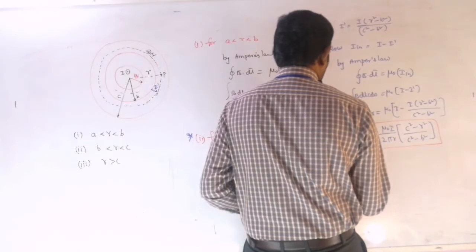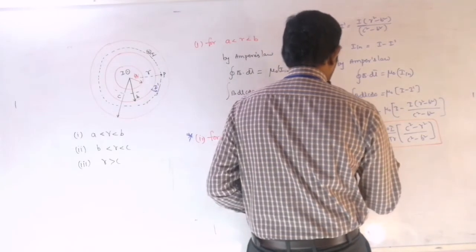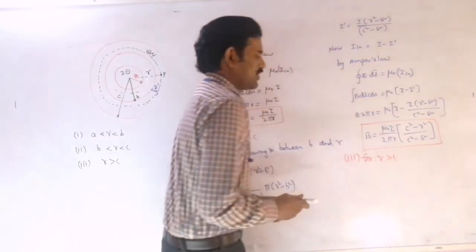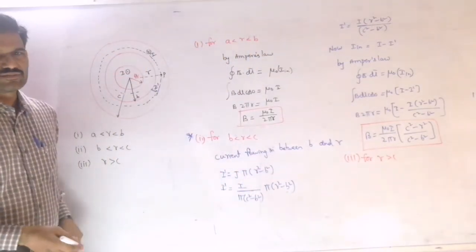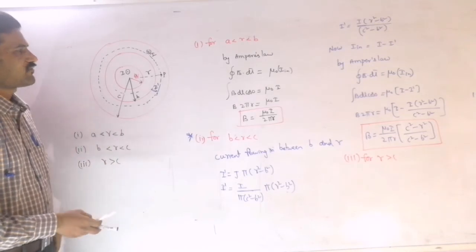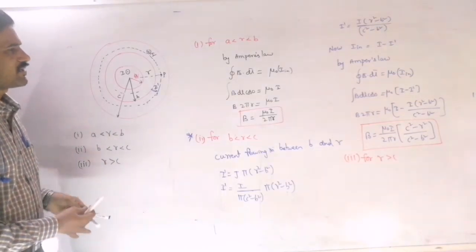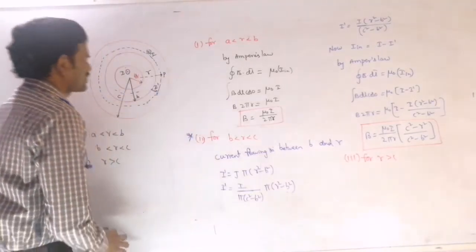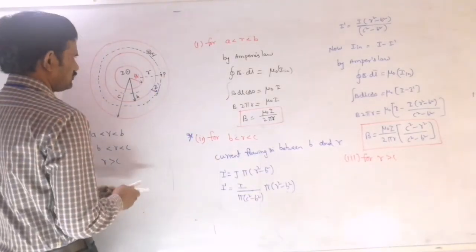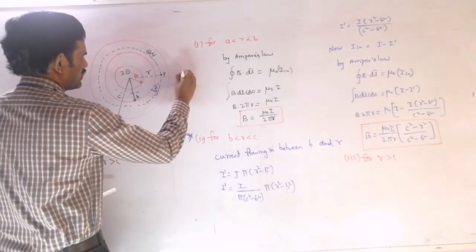Next I am taking this for r greater than c. For this region, we need to consider the magnetic field completely outside this coaxial cable system. That means our point P is taken here.